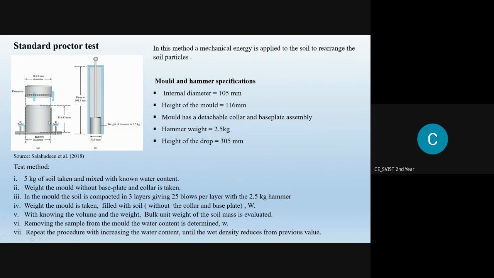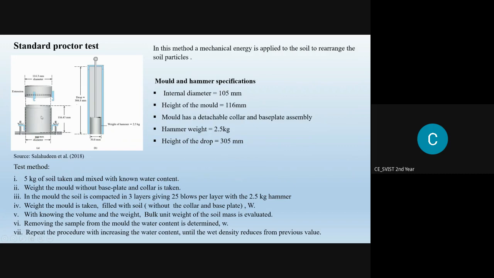After the blows have been given, the mold is filled with soil up to this level, and then we detach the collar and take the weight of this. As we know the dimensions of the mold, we know the volume of the mold.